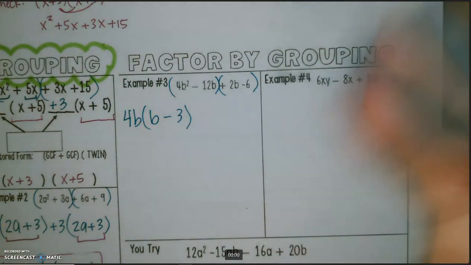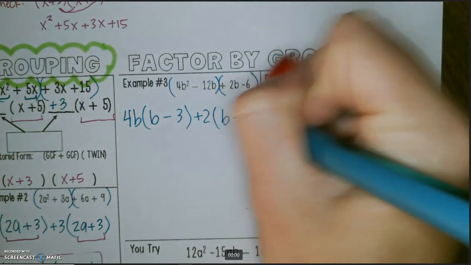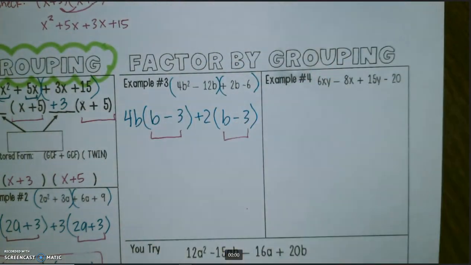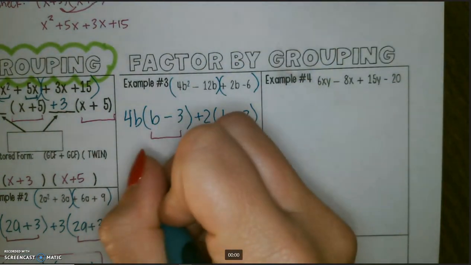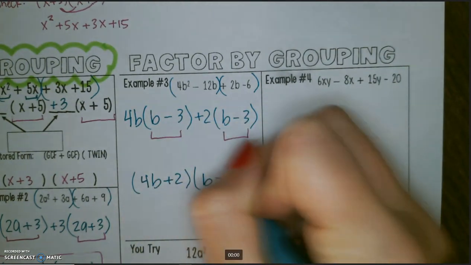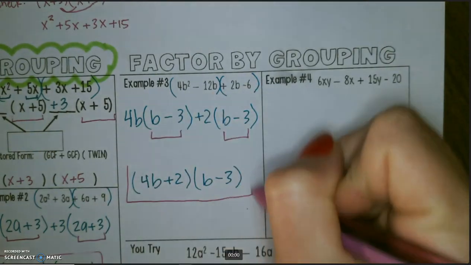These 2 terms, I could divide out a positive 2, leaving me with b minus 3. Notice I have a set of twins. So I'm going to go ahead and pull my GCFs to the front and place my twin in the back, giving me my final answer.